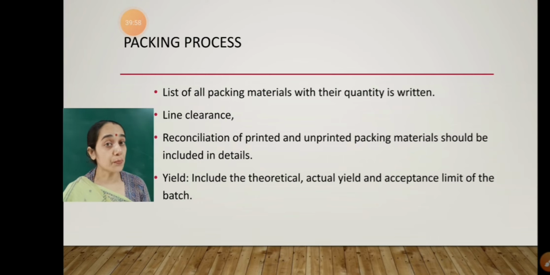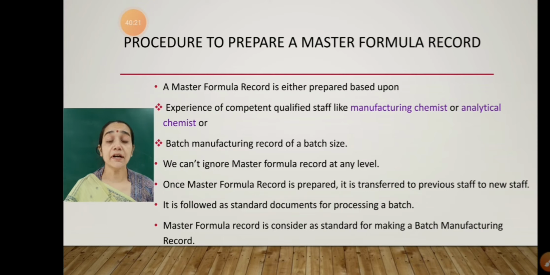So a master formula record will contain all the information about the yield of the product, and if it is reproducible, it means manufacturing is going on in a reproducible manner and the manufacturing method is within the acceptance limit. Next will be the procedure, how you are going to prepare a master formula record.